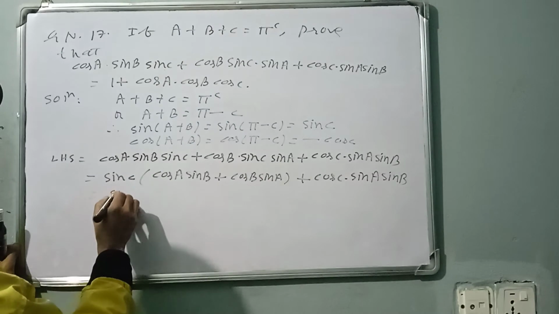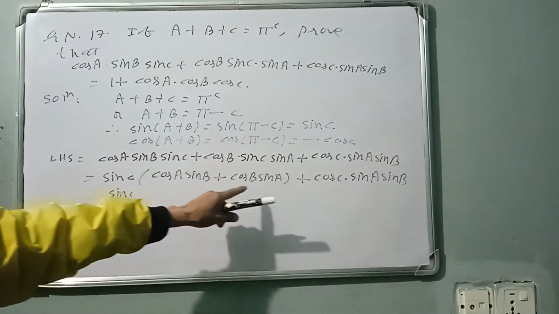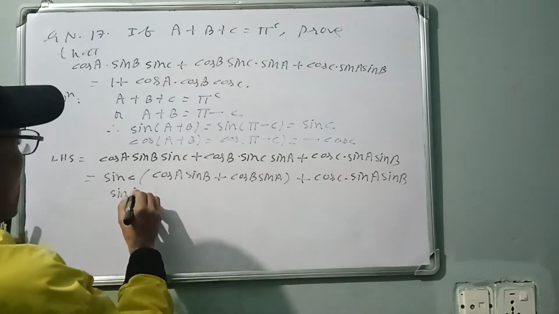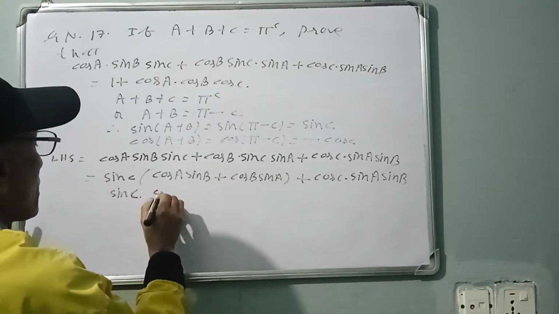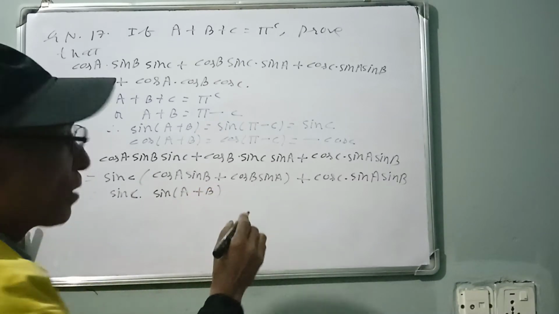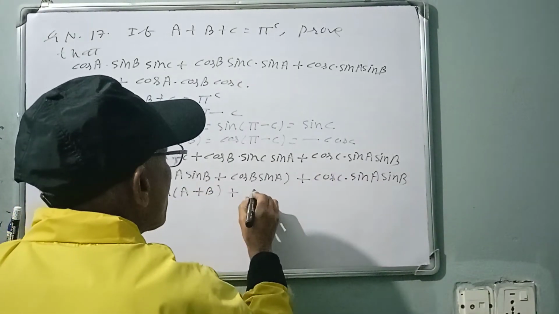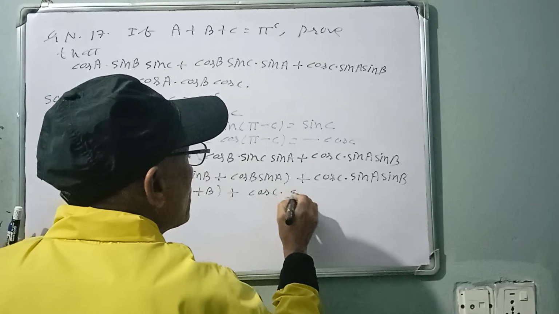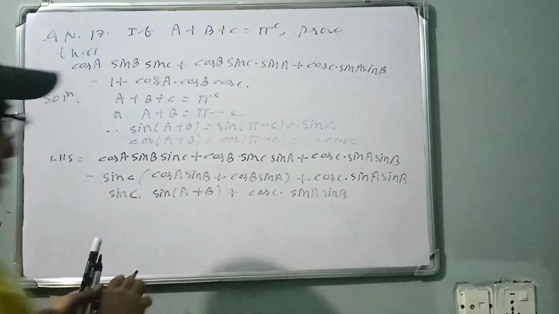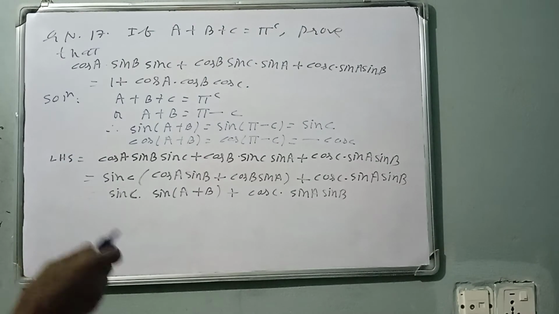If you take sin C common, sin A cos B plus cos A sin B is sin A plus B, by the compound angle formula, plus the third one, cos C into sin A sin B. Now what to do then?